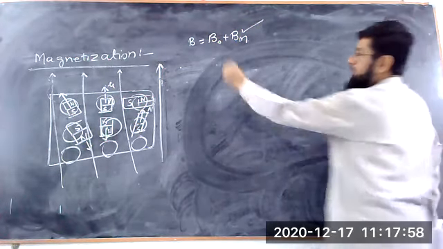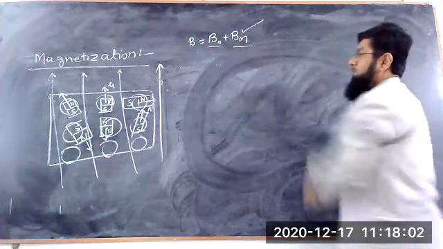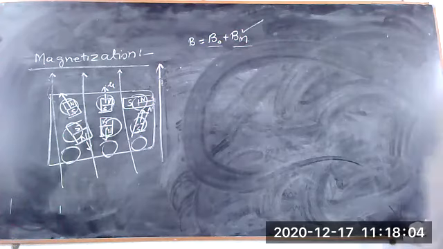So the total magnetic field is the original, external field plus the magnetic field produced by the magnetization.